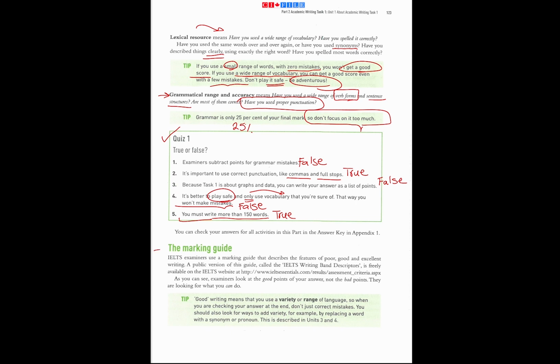Now, let's go through the marking guide. IELTS examiners use a marking guide that describes the features of poor, good, and excellent writing.